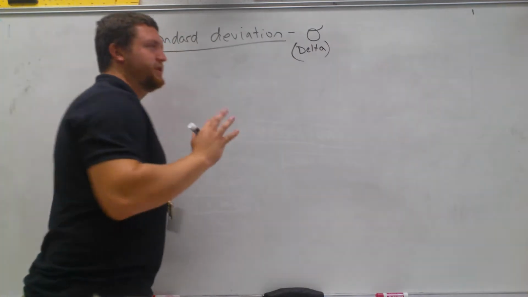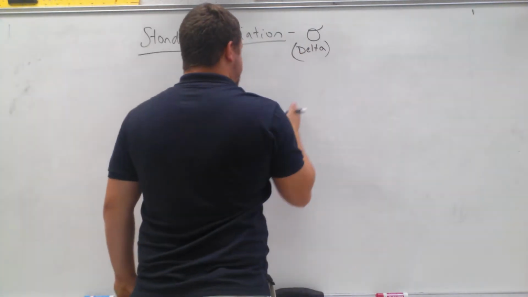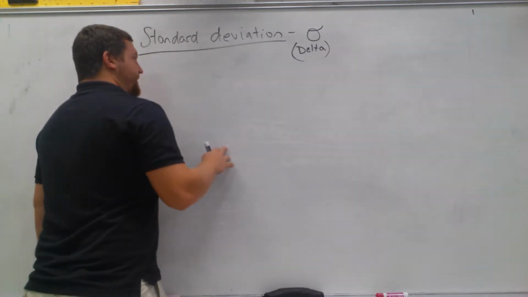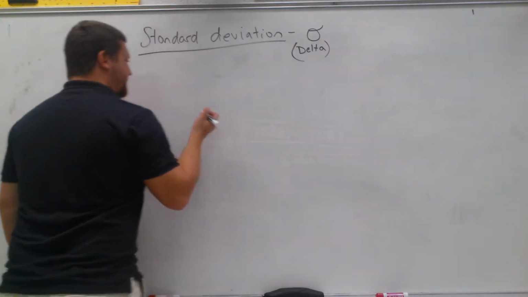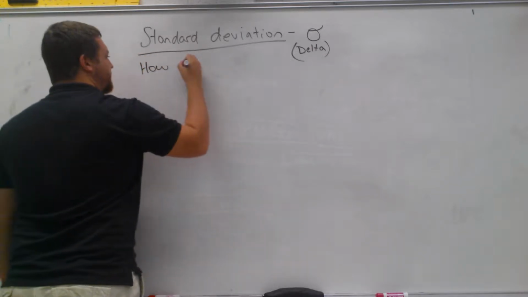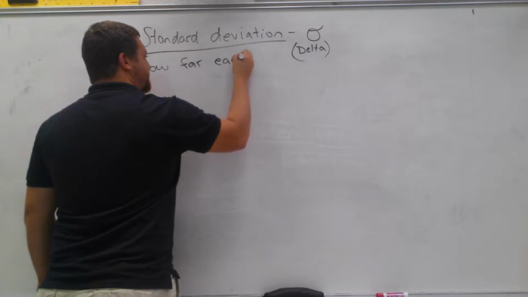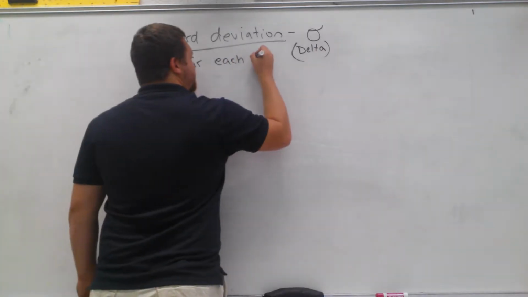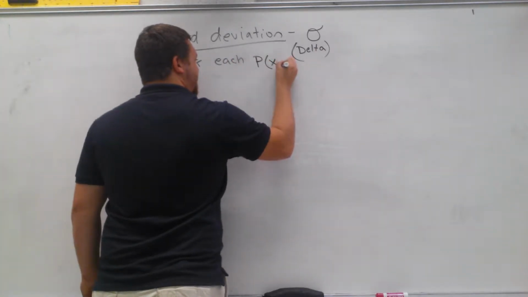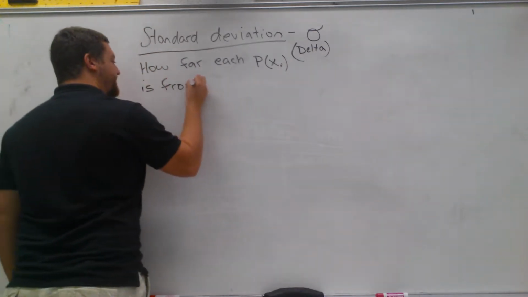Okay? Doesn't really matter. I'll probably ask you that on the test, but just because it's fun. Lowercase delta. What standard deviation is, is how far each P of x_i is from the average.